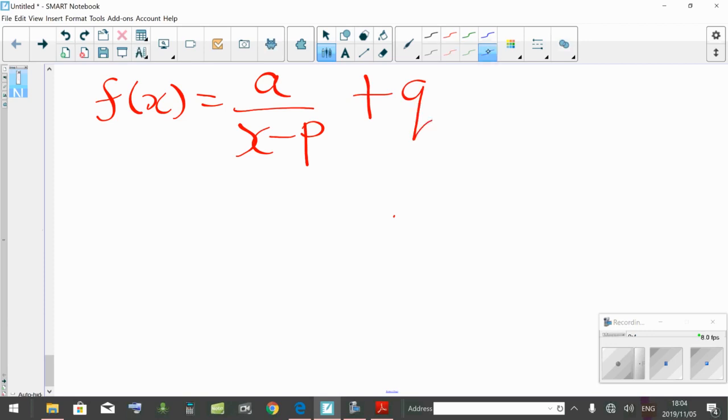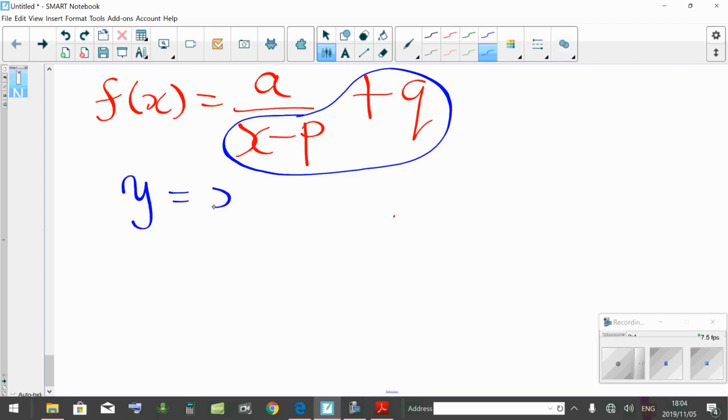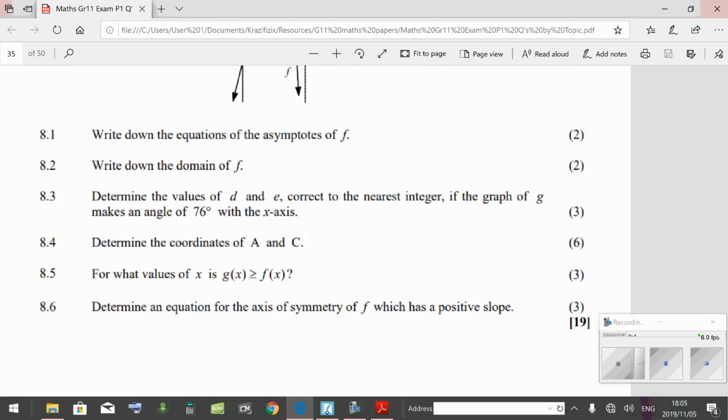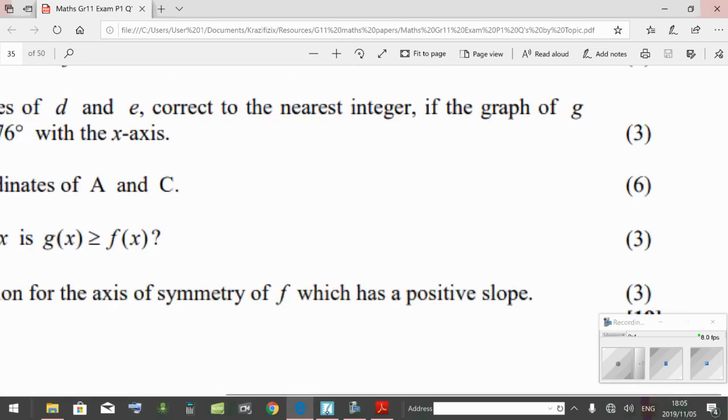The equations of the axis of symmetry actually come from this part here. Just copy that as it is and write y is equal to x minus p plus q. We're going to have two equations of the axis of symmetry, so you do that plus or minus. One of the equations has a positive slope, the other a negative slope. In this particular question, they want an equation which has a positive slope.